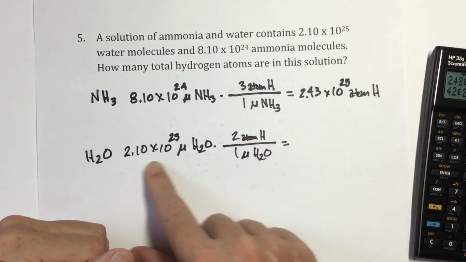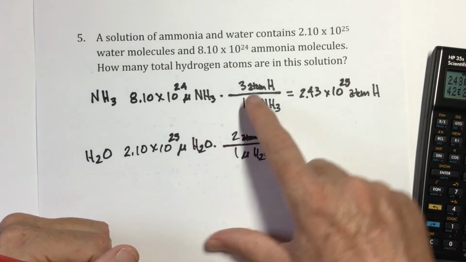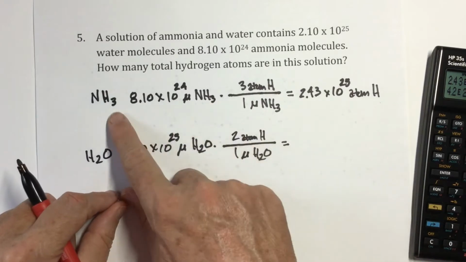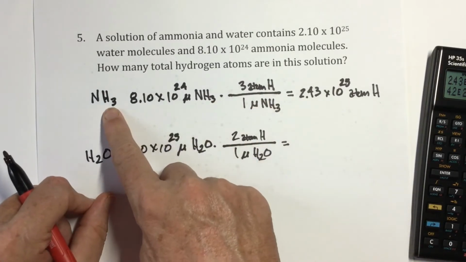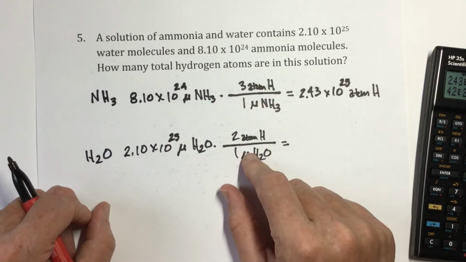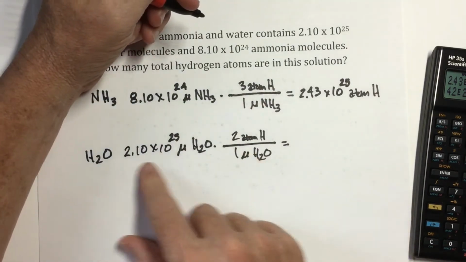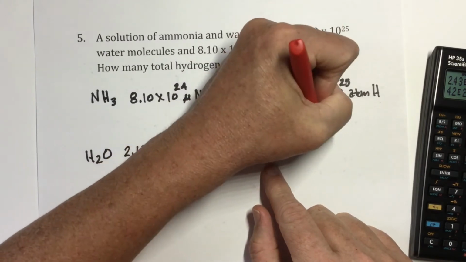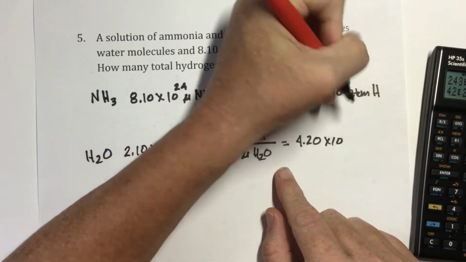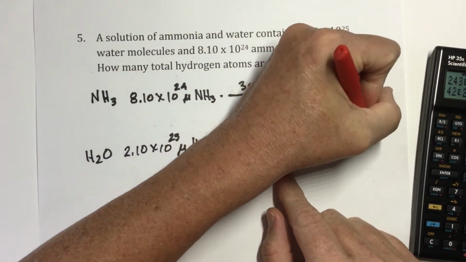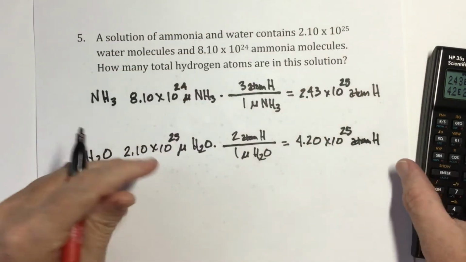4.2. I should have 3 sig figs. Yeah, I should point out, the 3 and the 2 don't affect our sig figs because that's a discrete number. That's exactly how many hydrogen atoms are in each molecule. That doesn't affect sig figs. So this comes out to 4.20 times 10 to the 25 atoms of hydrogen.